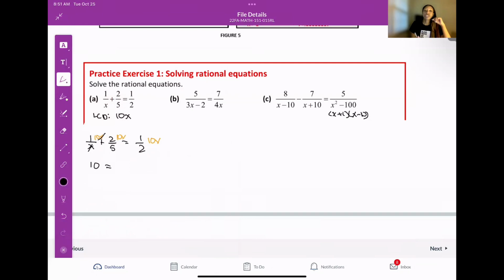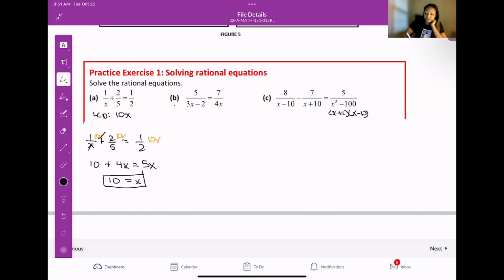For the next expression, 10 divided by 5 is 2, so we get 2 times 2x, or 4x. And for the last one, 1/2 times 10 would be 5, so we'd have a 5x. So 10 plus 4x equals 5x. If we subtract 4x from both sides, that gives us 10 is equal to x. Boom, we have our solution.